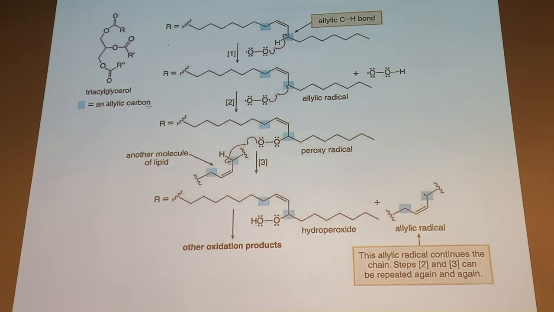Now, this allylic bromination is related to allylic oxidation or autooxidation, which happens with molecular oxygen, O2. Now, in the ground state, O2 is not a double bond. It's actually a diradical, or the triplet state of oxygen. And these are acyl triglycerides and fats.